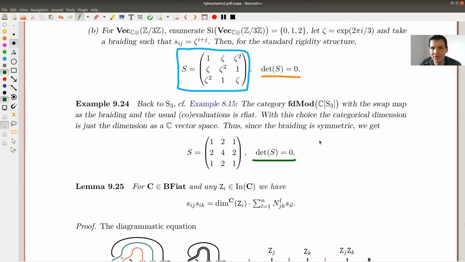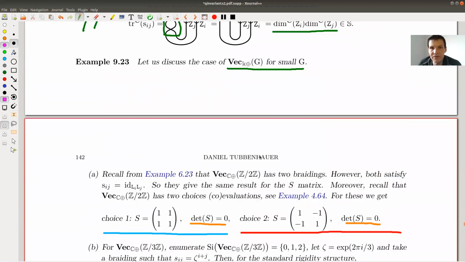Its determinant is zero. In this example, I did finite dimensional modules of S3, a symmetric group with three letters. It had three indecomposable elements or three simple elements. And this is how the S matrix looks like. And it's still degenerate. Whatever you do, there's almost nothing you can do.